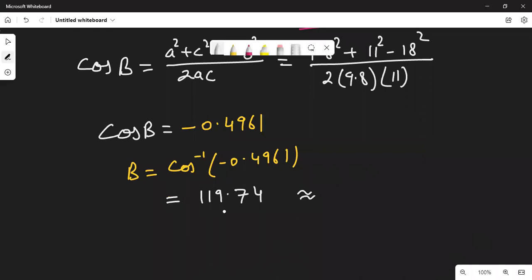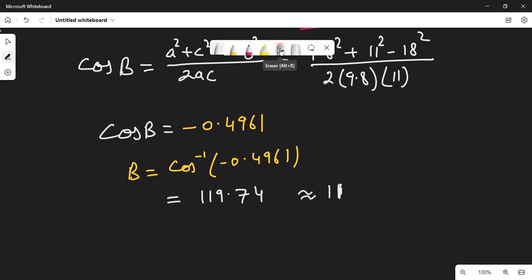So your angle B is approximately 120. If you take the exact value of cos inverse, whatever the value we get here, that would be slightly less or more than this. So 119.74 is fine.